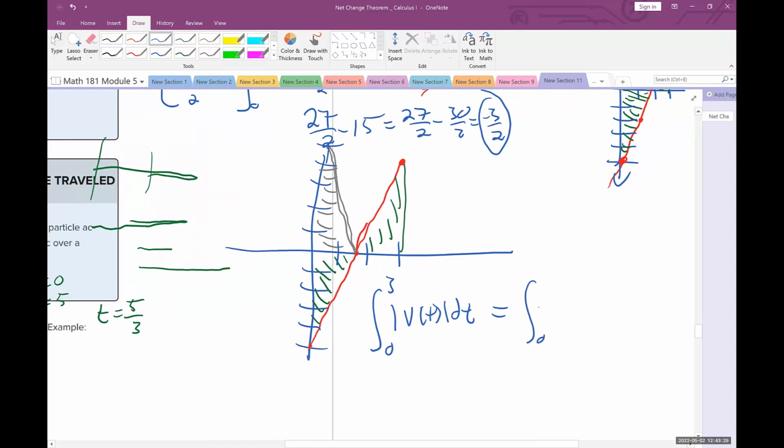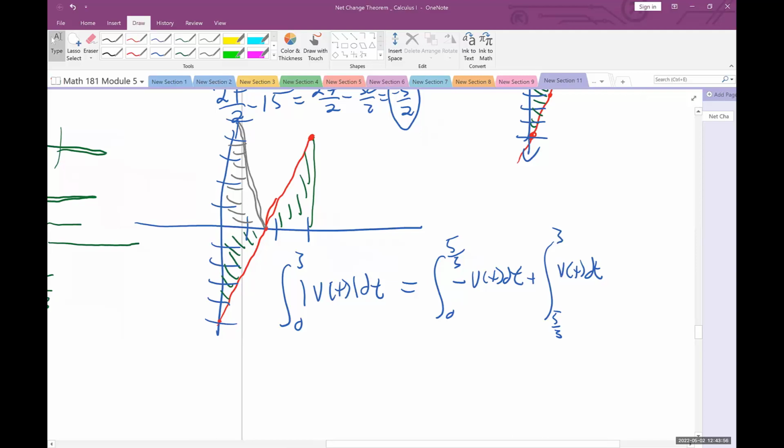It turns it from 0 to 5/3, the negative of the velocity function, plus the integral from 5/3 to 3, the regular velocity function. And again, the negative is because it has to flip it up, so it's not below the x-axis. So now it's positive area instead of negative area. And that's what that's talking about.